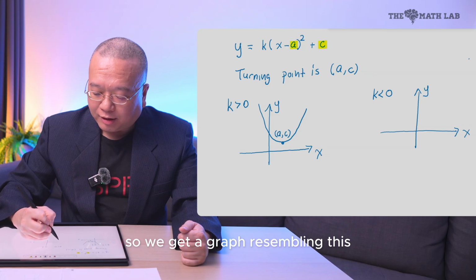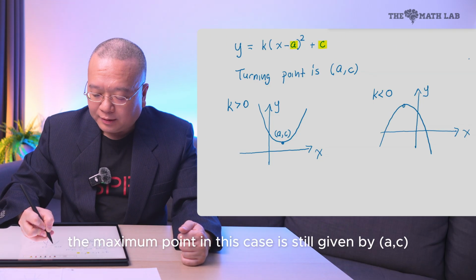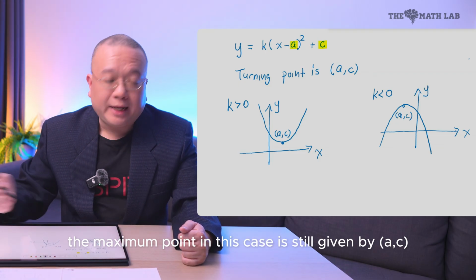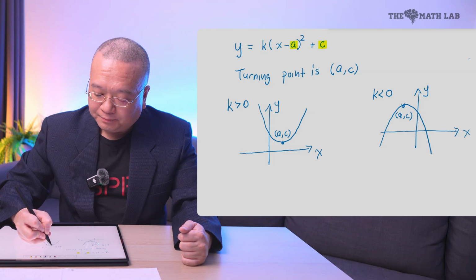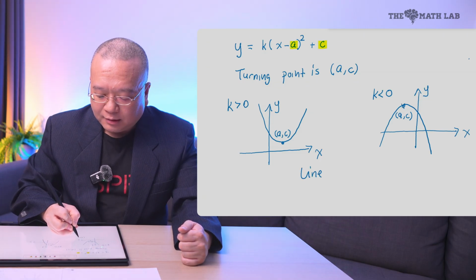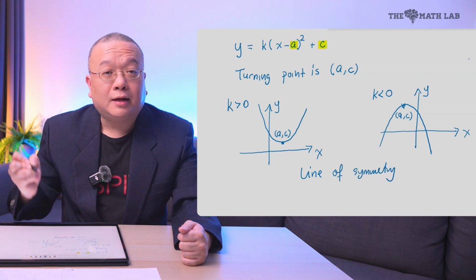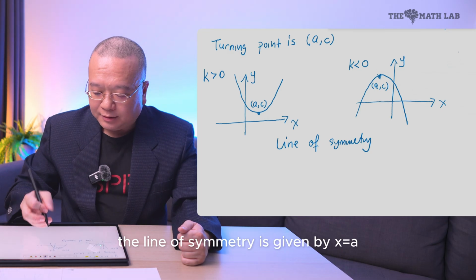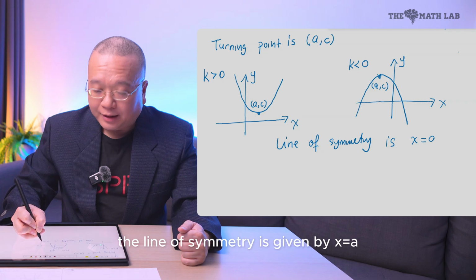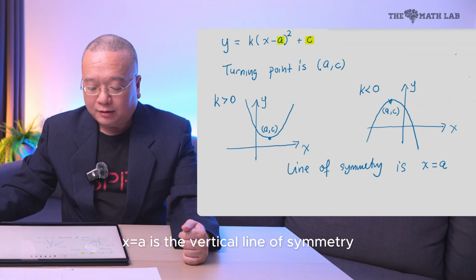So we get a graph resembling this. The maximum point in this case is still given by a, c. So that's the maximum point. And in both cases, the line of symmetry is given by x equals a. x equals a is the vertical line of symmetry.